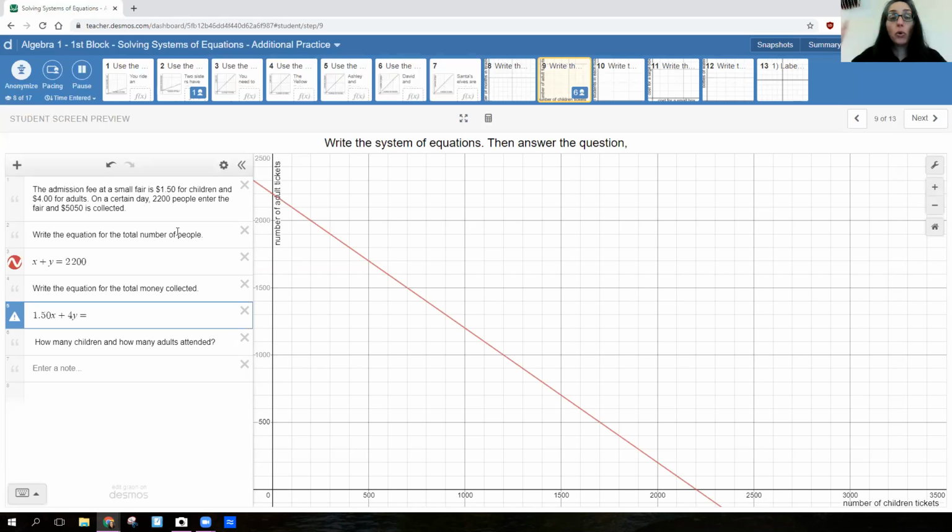It has to equal the total amount of money that was collected for the tickets that day, which they give us in the problem, $5,050. Okay.